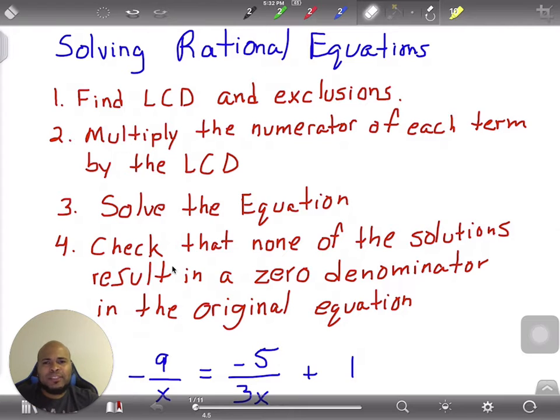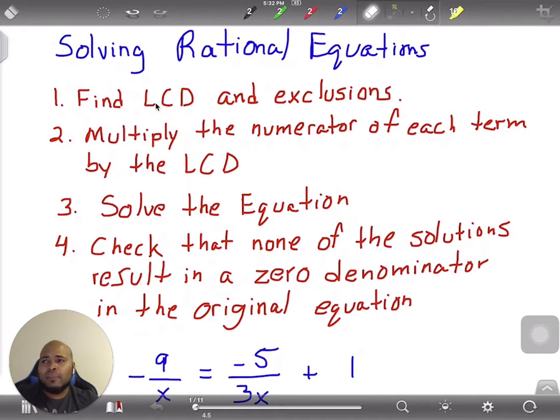I have 4 steps, and even though there's only 4 steps, because those are the steps that you will always do, there are different approaches to different problems. That's why I have 7 different examples to make sure I cover everything. The first step is to find the least common denominator and the exclusions. The exclusions part might be new to you, so I will explain that.